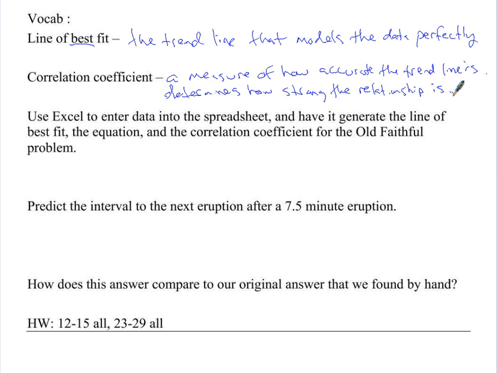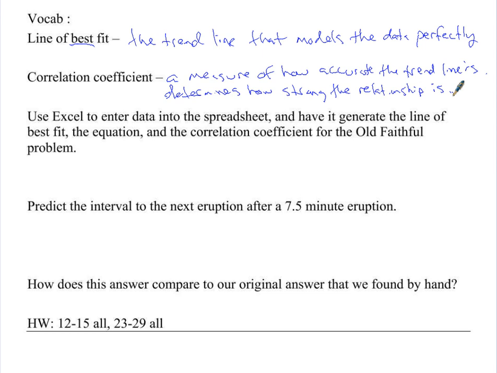So now we know that there is a perfect trend line that we can come up with. We will use computer programs. So your calculators will do this. Excel will do this also. When you use a calculator or Excel, it will give you the perfect trend line using the data rather than just a guess, which is what we were doing before.